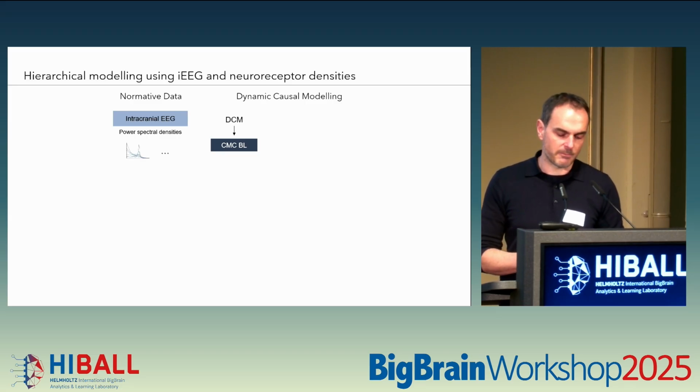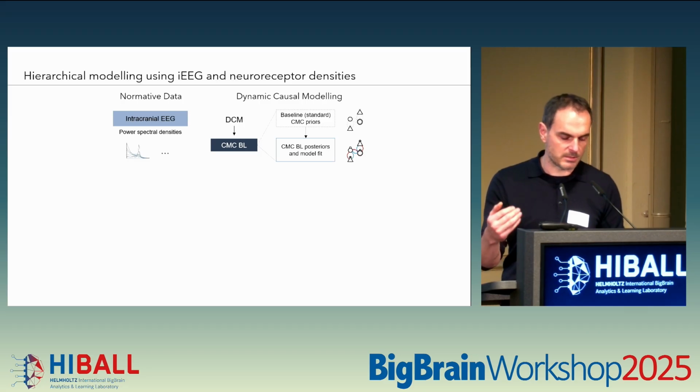We fitted DCM to the roughly 1,770 individual recordings from depth electrodes and cortical strips and grids, and inverted a baseline DCM which had no neurobiological data included. So that's the step of taking the DCM off the shelf and then inverting the parameters.